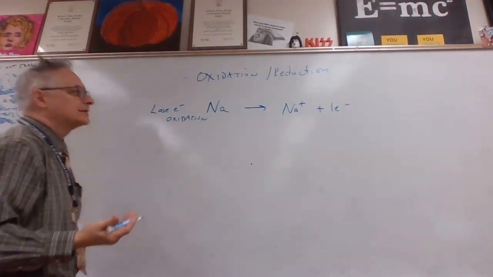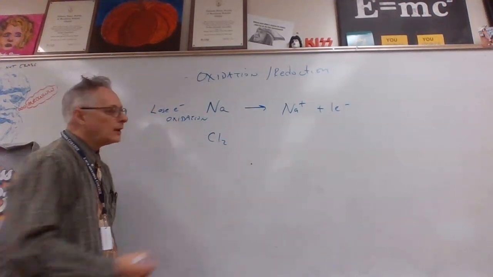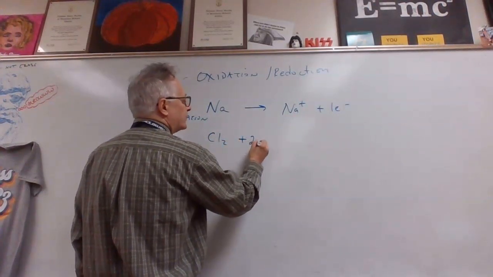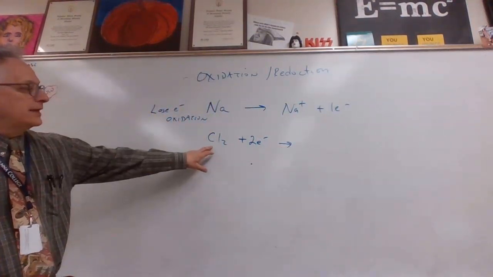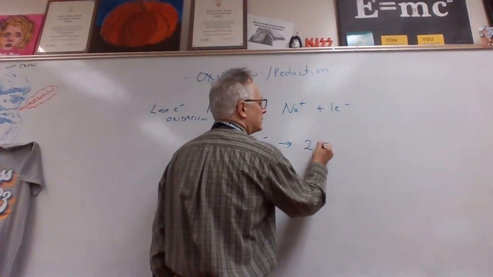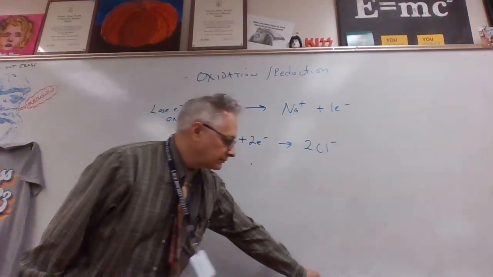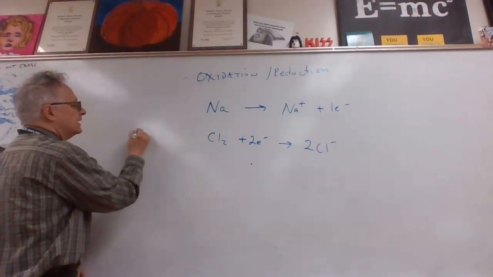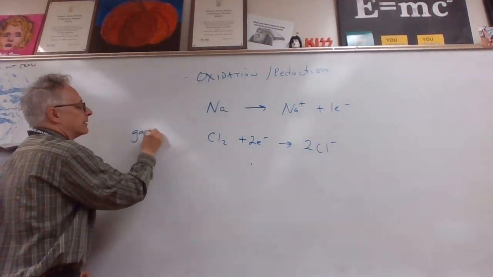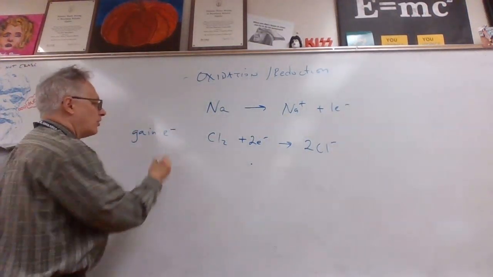And then if I take something like Cl2 and I give it 2 electrons, what I'm going to do is form 2 chloride ions. So the chlorine is gaining electrons, and that gaining of electrons is called reduction.